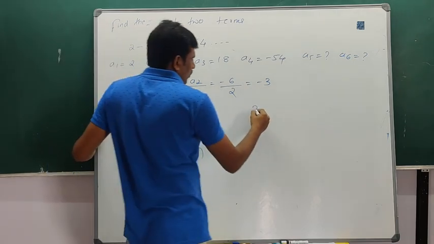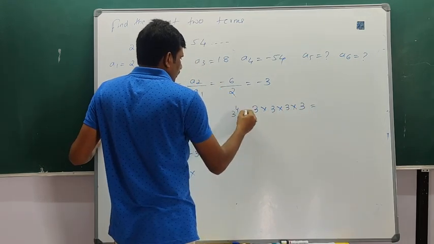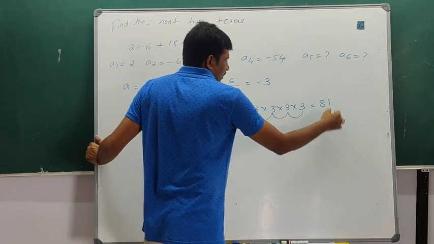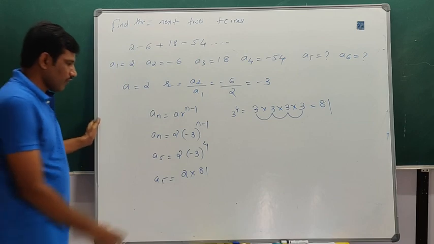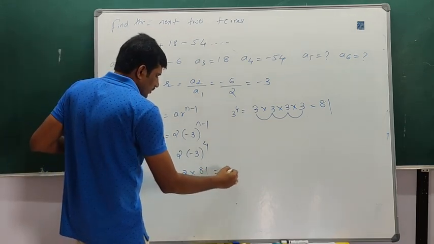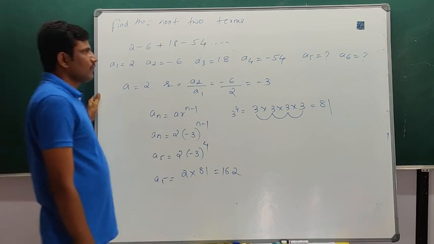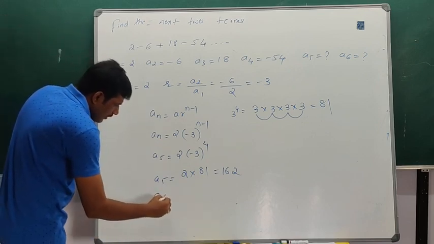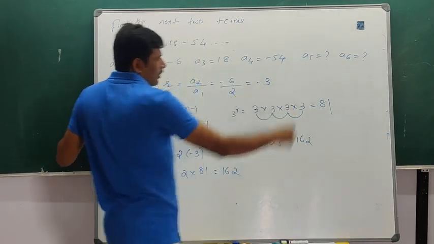What is 3 power 4? 3 into 3 into 3 into 3. 3 3s are 9, 9 3s are 27, 27 3s are 81. So this will be 81. Therefore 81 into 2 is 162. Right. So the fifth term is 162.